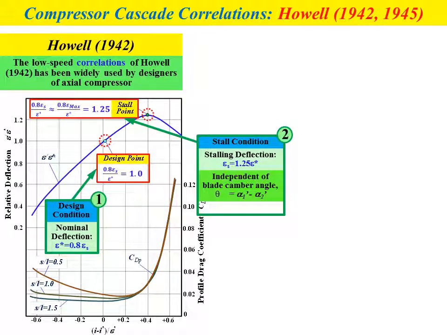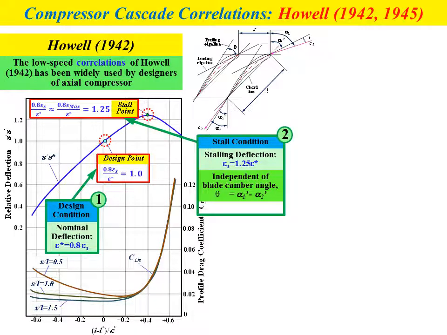Okay, so this correlation is independent of blade camber angle, where theta, the blade camber angle, equals alpha 1 prime minus alpha 2 prime, as shown in the schematic diagram of the cascade blade, where the camber angle is actually the angle between the trailing edge line and the leading edge line, as shown in the figure.